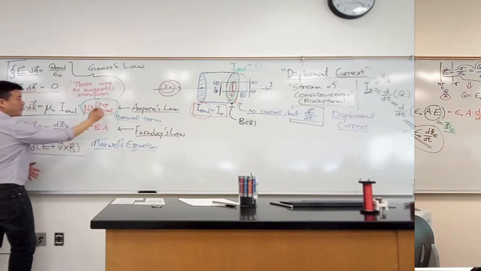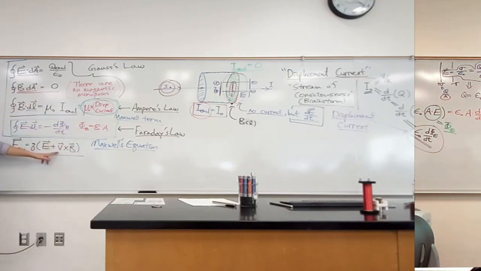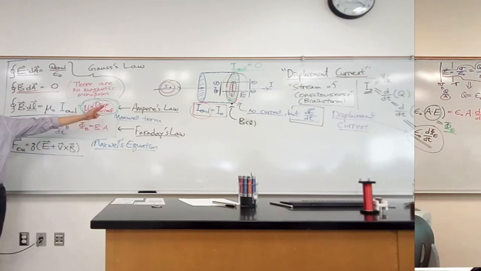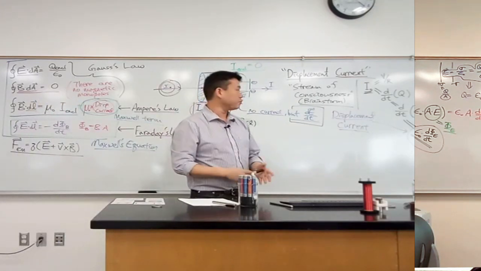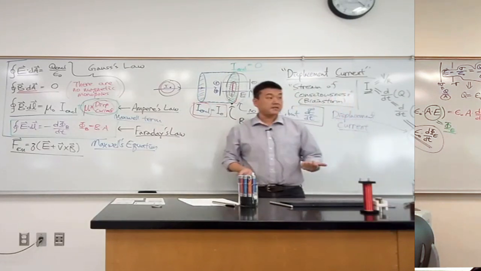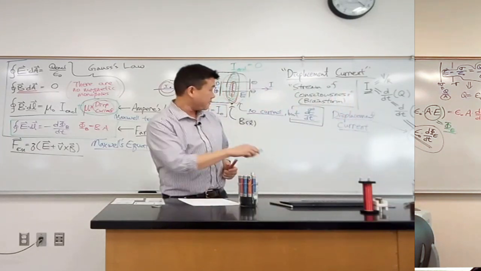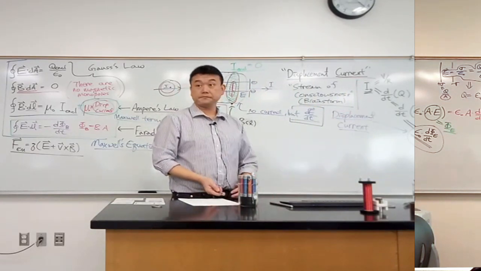The sense in which this is like a current is similar to the sense in which v cross B was like an electric field. You see that here they are being added together, and I would not add them together unless they are like each other in some sense. And if you had to go one step further, you could say this is like a current in the same sense that current can generate a magnetic field, and this also generates a magnetic field, the same way current does.